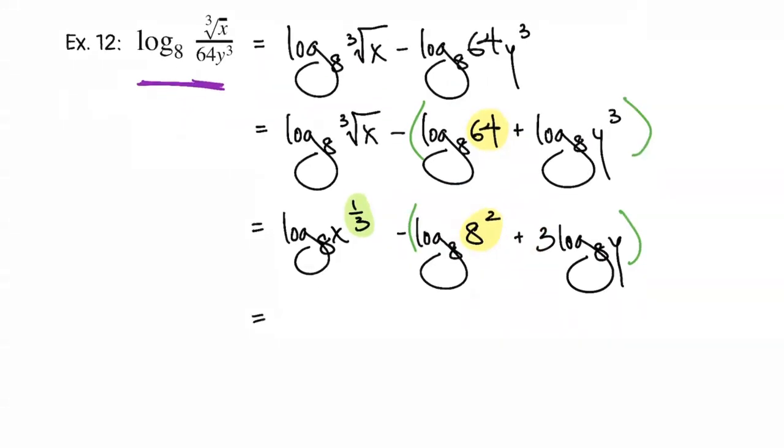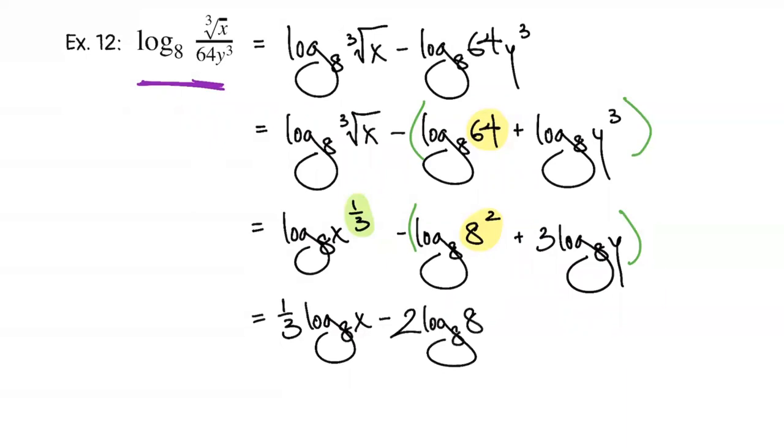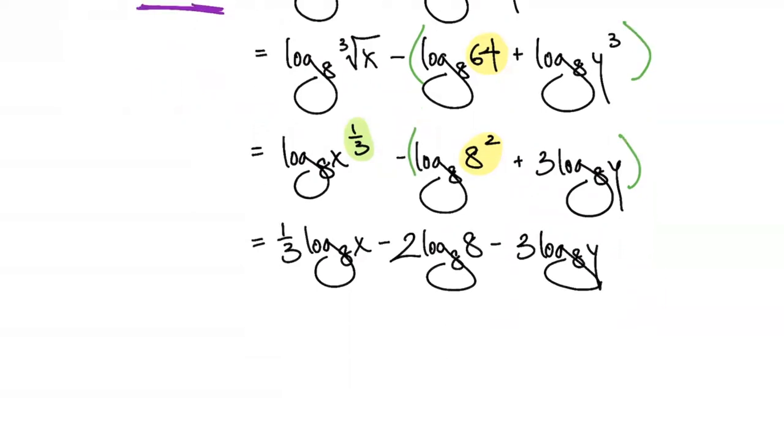This first 1/3, we can bring that down: 1/3 log base 8 of x. Minus, if I bring the power down in the second term, it'll be 2 log 8 of 8 minus 3 log 8 of y. Right. But earlier, Matt said that this whole middle term is the same as 2, and I agree with him.